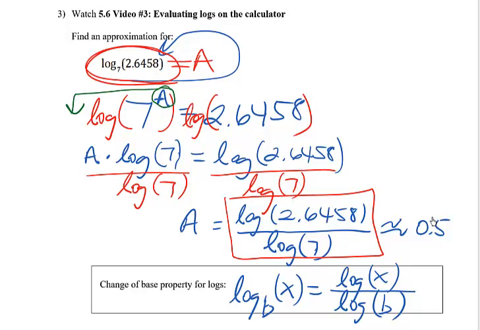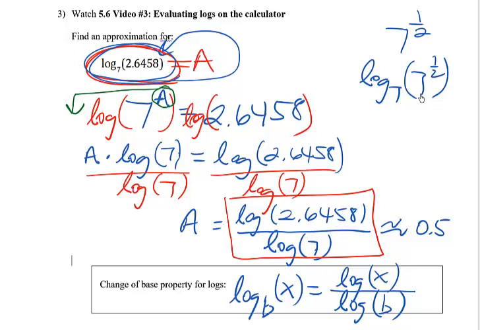Well, that goes back to that last example. If you look back at your notes from video number 2, that final example, the 2.6458 number, that came from typing 7 to the 1/2 into the calculator. Well, I'm sitting here trying to figure out log base 7 of 7 to the 1/2. That's what this is. I don't need a calculator to do that.